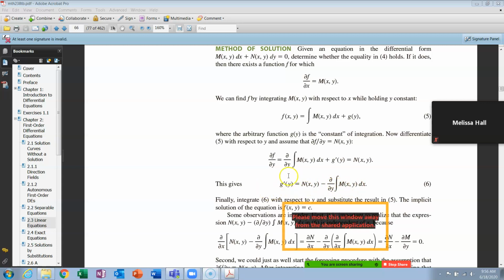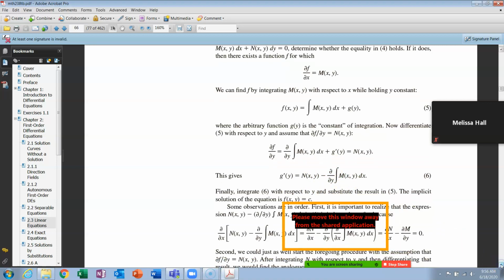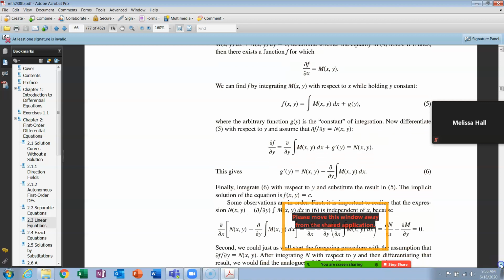And this is a function of y alone. Okay? So you're hoping that somehow your x's take care of themselves here. And when you do that, then when you differentiate this and get what g is, plug it back in up here, and you've got your f of xy.